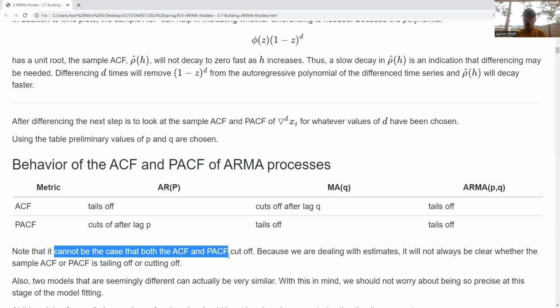So remember that causal and invertible enables me to represent either the x terms time series as a series on the white noise, or the white noise time series as a series on the x's. And so because of that, we might actually get two very different looking models, but in fact, because of invertible causal, they might actually be practically the same.